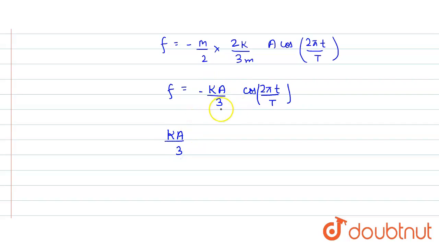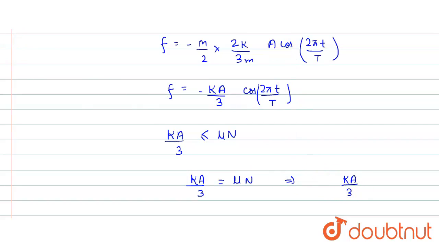This is the maximum value, or the amplitude, of the friction, and it should be less than or equal to μN. So in the limiting case, kA by 3 would be equal to μN.